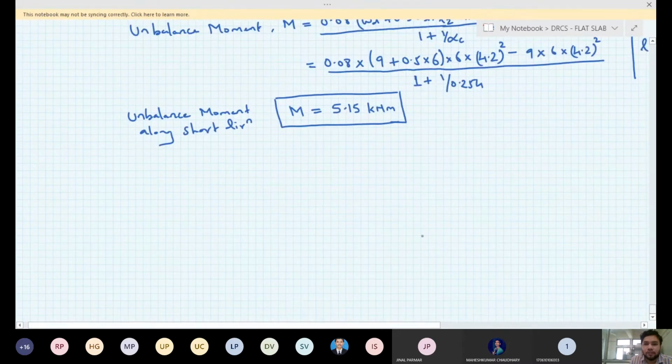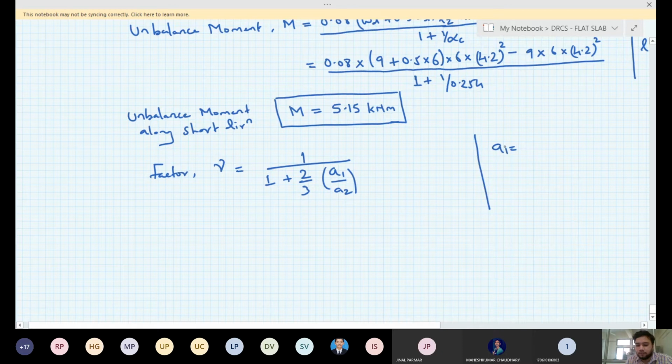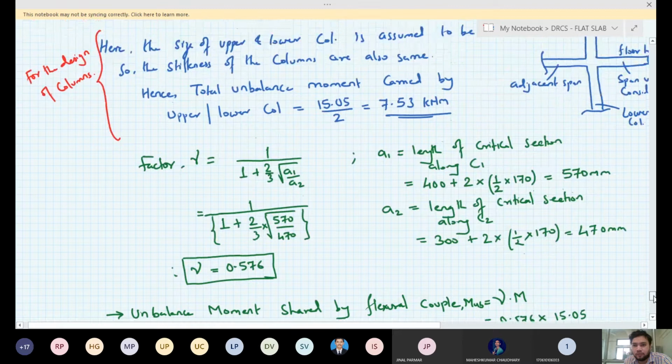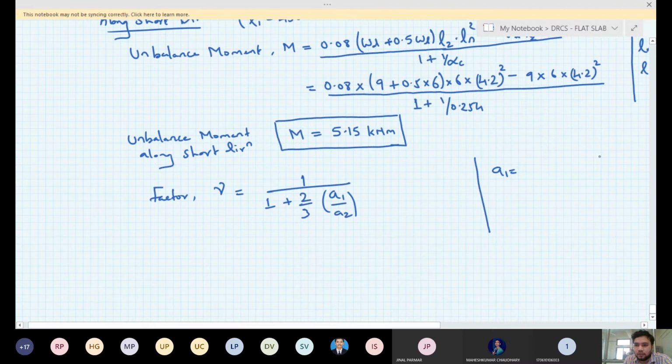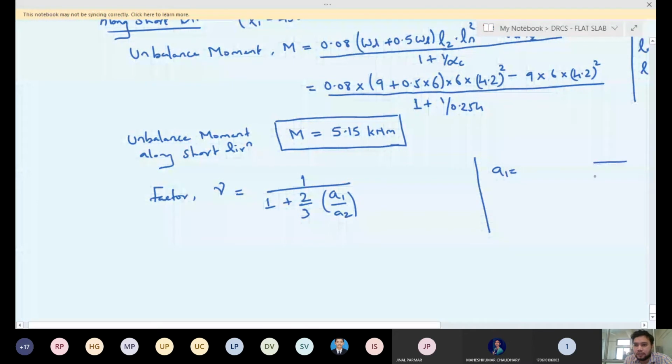Okay, then again we'll find out the factor gamma. So factor gamma is equal to 1 divided by 1 plus 2 by 3 of A1 by A2. Okay, and your A1 is now reversed, because our column is like this.